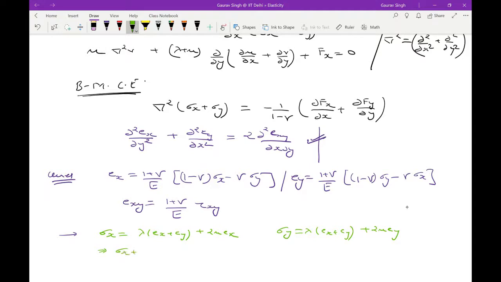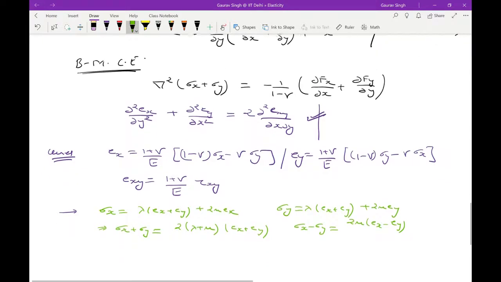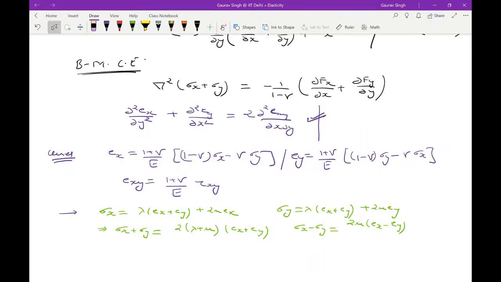Sigma x plus sigma y is equal to 2 times lambda plus mu times Ex plus Ey. So we can just add and subtract these two, and that should give us this.